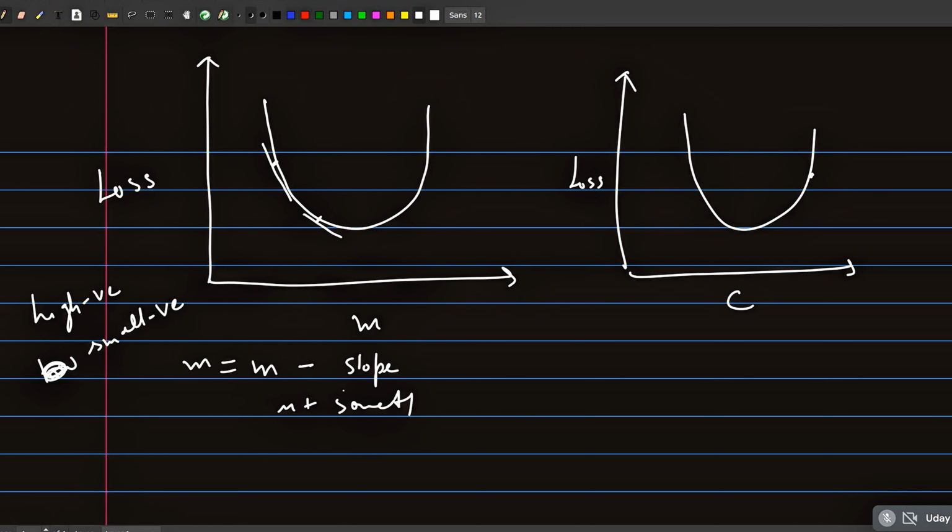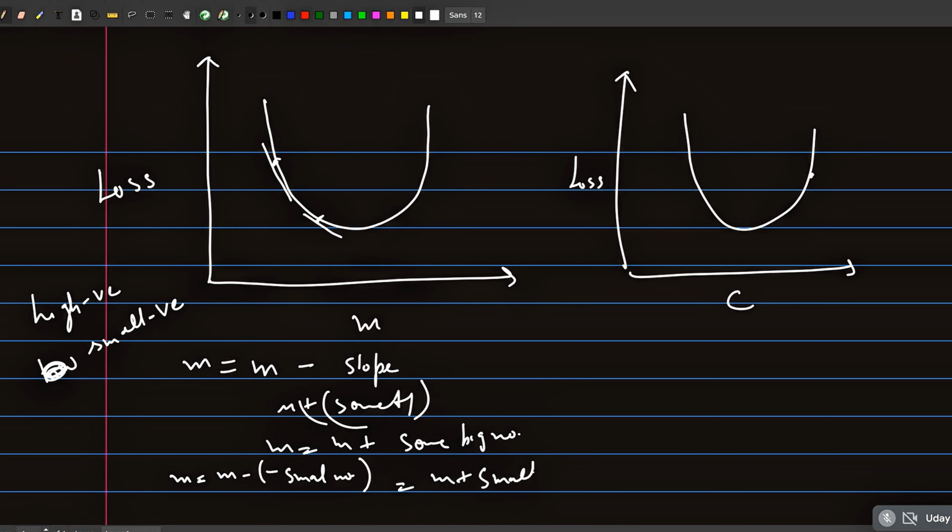If we see, earlier the slope at this point was high negative, so this term was adding a big number: M equals M plus some big number. And at this point we have M equals M minus a small negative number, so it is M plus a small number.